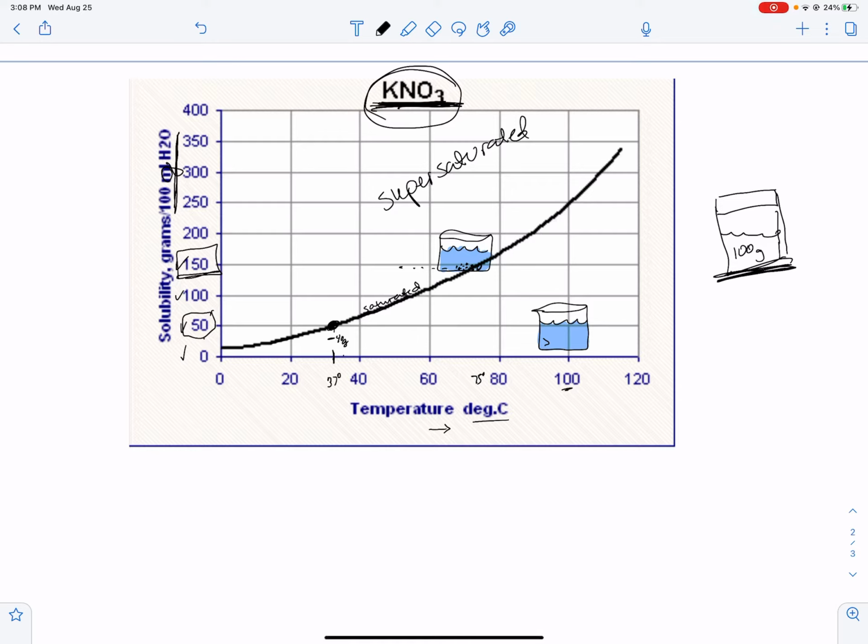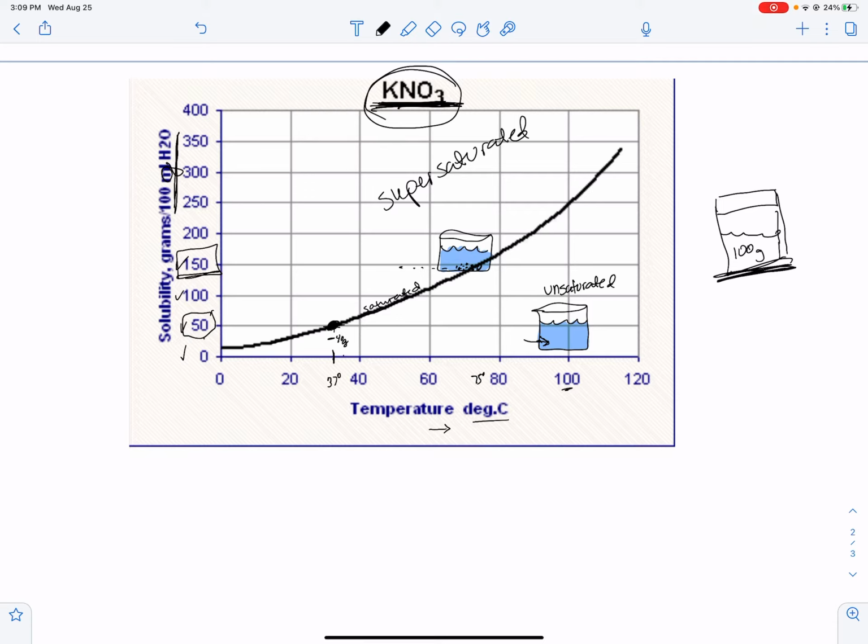If you're unsaturated, it means that you've got room for more to dissolve. We can put up to 10 more grams before it'll be completely dissolved. And so in an unsaturated solution, you don't see any solid on the bottom of it.